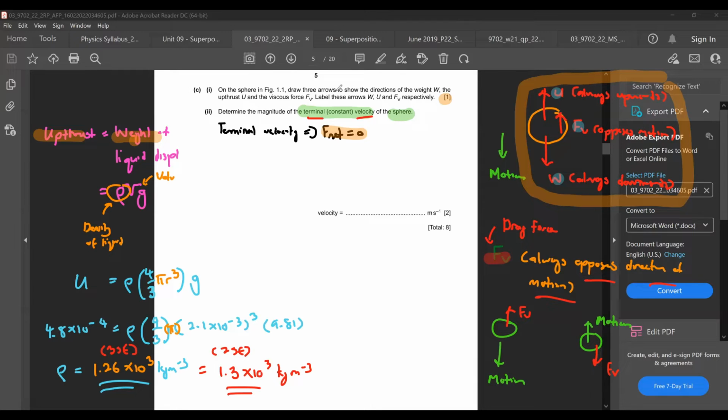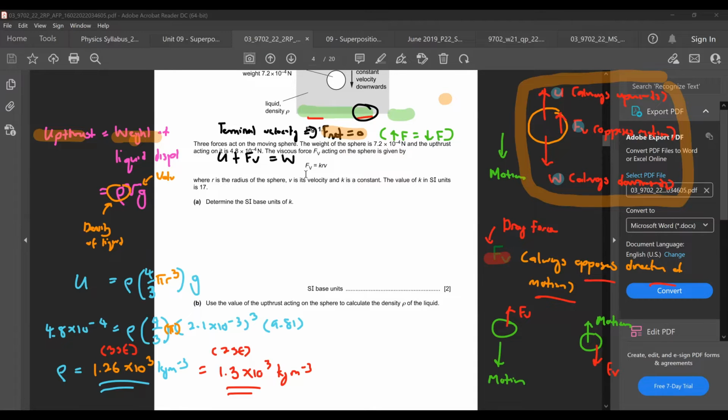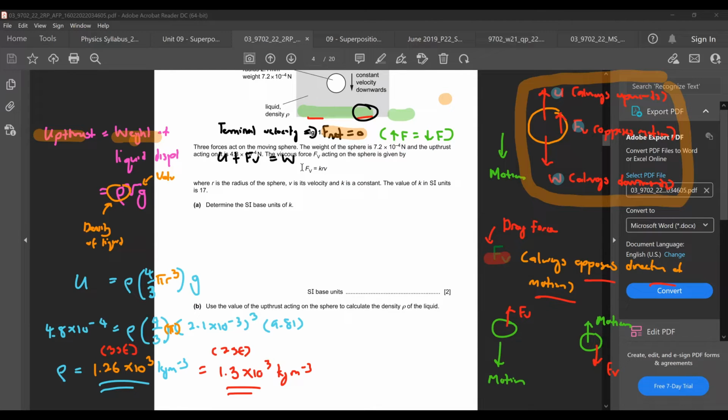So net force is 0. You can just think of it as upward force equals downward force. So in my case, I would say U plus FV equals W. Now from here, they want the velocity, right? So you have to make use of something that has velocity inside.